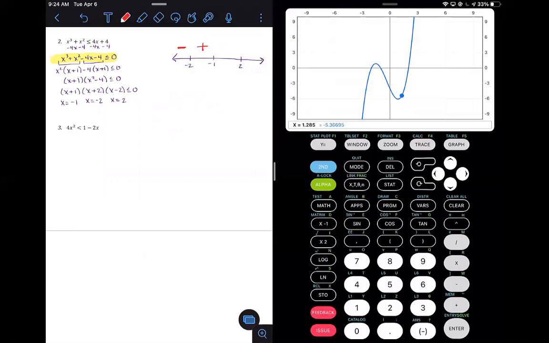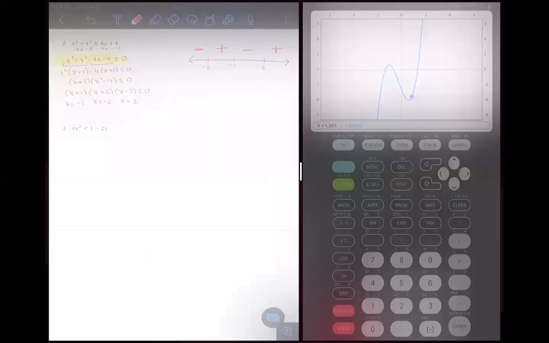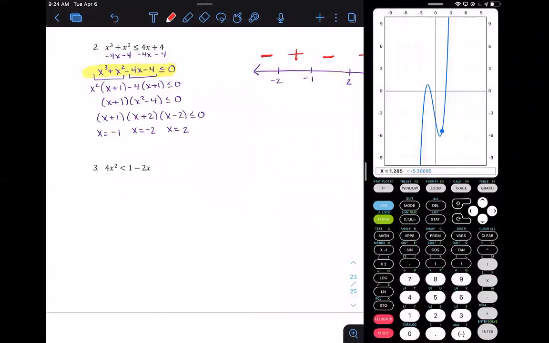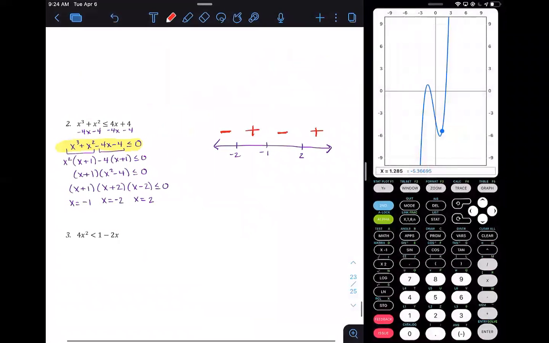And then from negative 1 to 2, is it above or below the x-axis? Below. And then from 2 to infinity, it is above. It's positive.